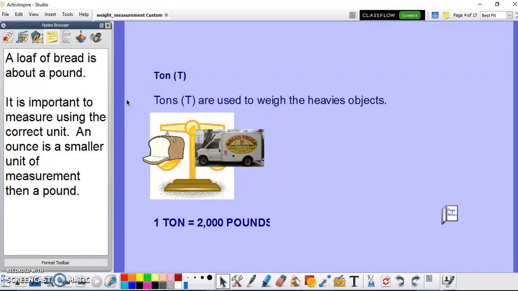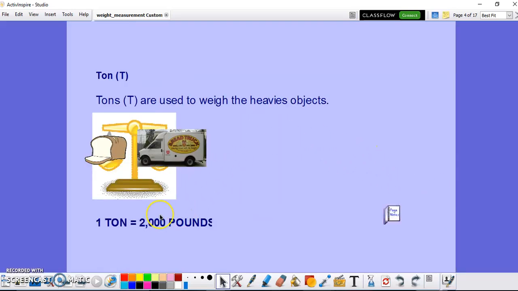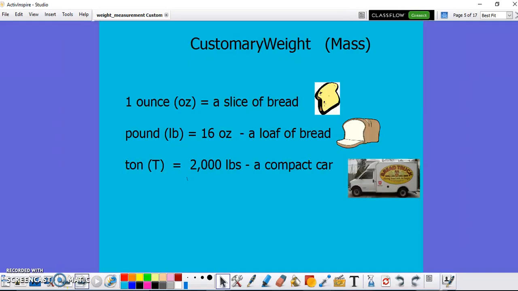And again, it's important to understand that when I'm talking no longer ounces or pounds, but more so tons, we're looking at the heaviest type of object, like trucks and cars or refrigerators. These would all be measured in the U.S. customary system for weight by these 3 units of study. So let's quickly review. 1 ounce is the smallest unit of weight measurement in the U.S. customary system.